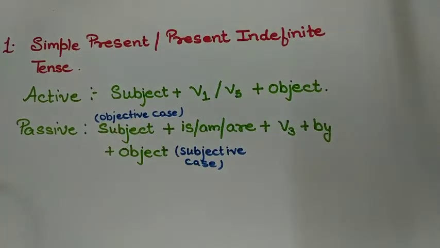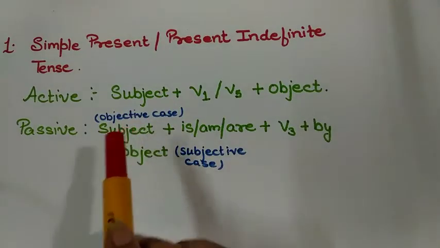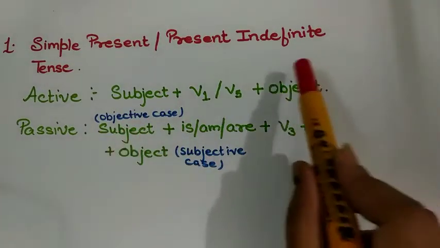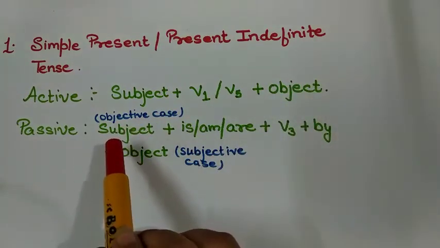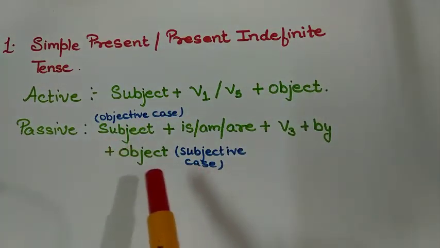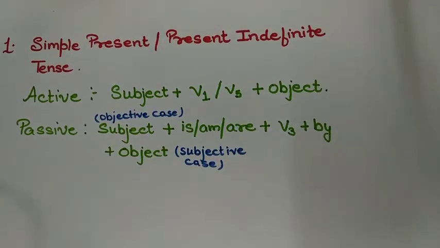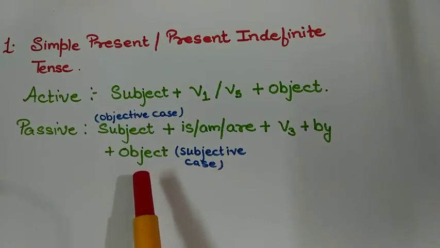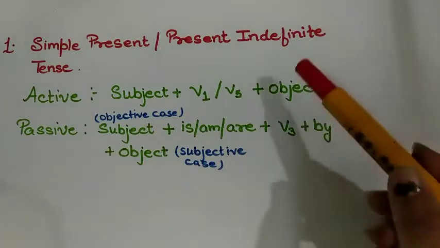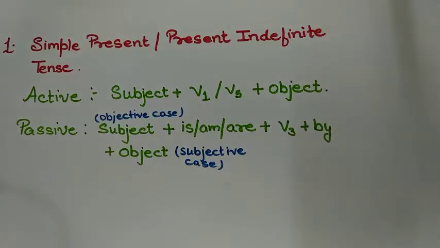The purpose of writing this objective case is I want to show that object in the active one is now a subject. And similarly, here, the subject in the active one is now acting as object. So, these are the constructional parts of the sentences. Let us try to understand the difference and usage with the help of examples here.